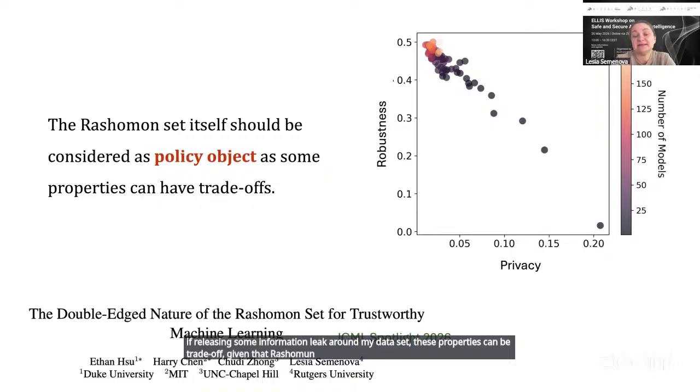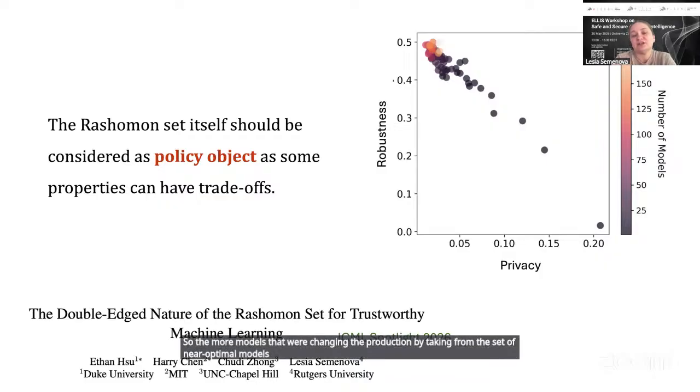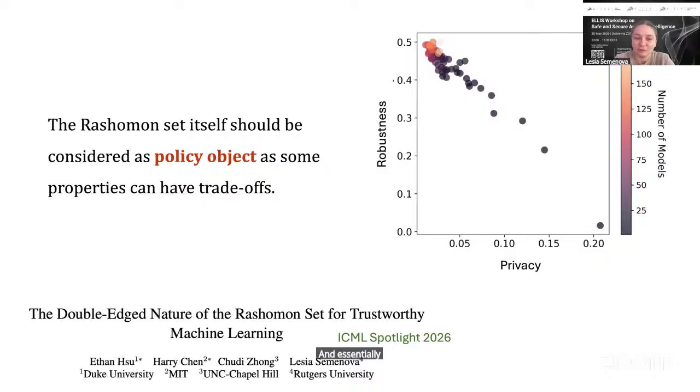More specifically, the more models I disclose, so the more models I would change in production by taking from the set of near-optimal models, the more information I leak to the adversary, so they can design a better attack against my data, against my system. And essentially studying all these properties in a unifying form is very important.